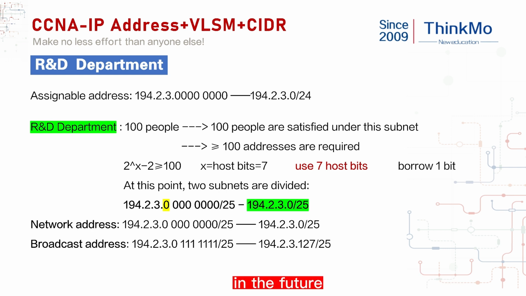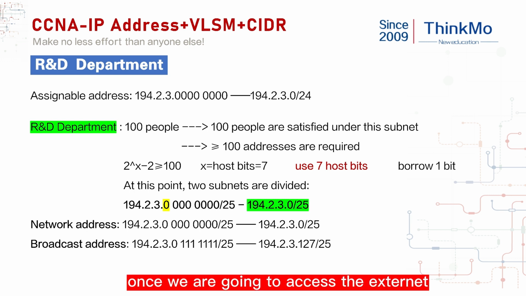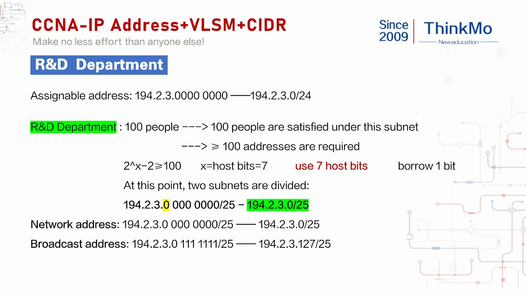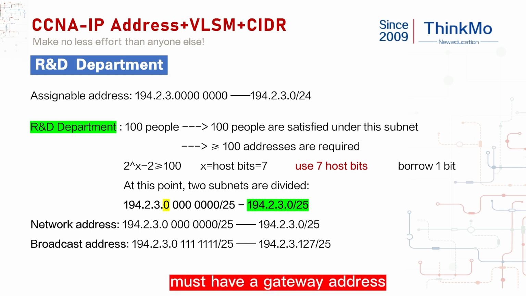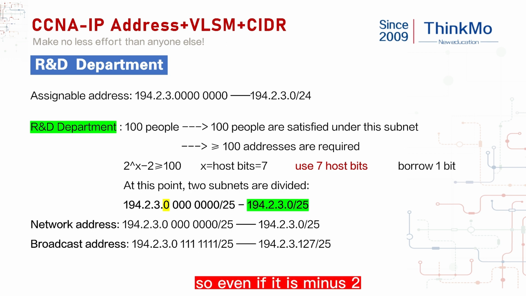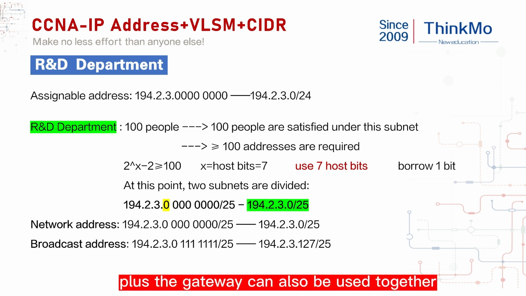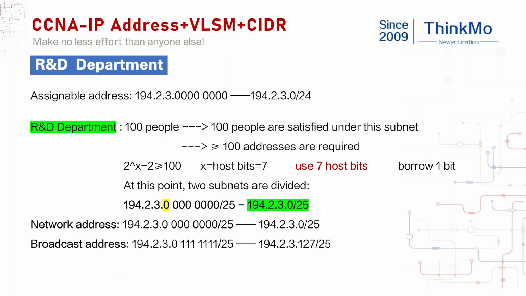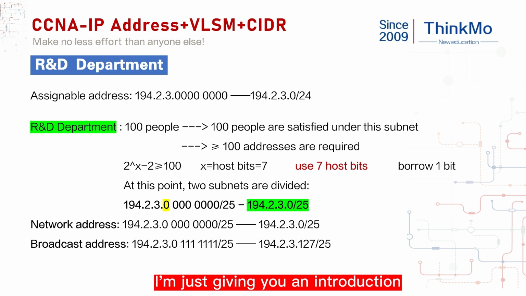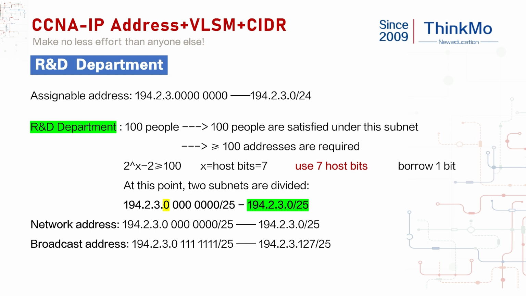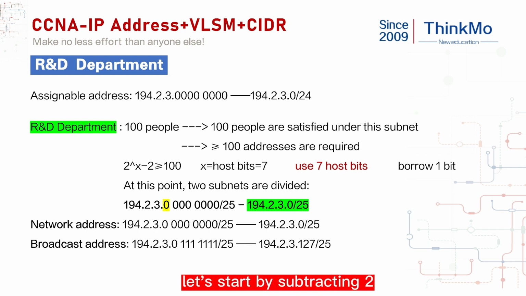In the future, once we access the extranet, or access across network segments, there must be a gateway address. As for the gateway, we haven't talked about it yet. So even if you subtract 3 here, the gateway can also be used together. I'm just giving you an introduction. Okay, let's start by subtracting 2.